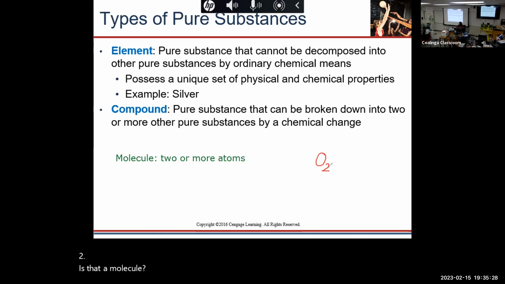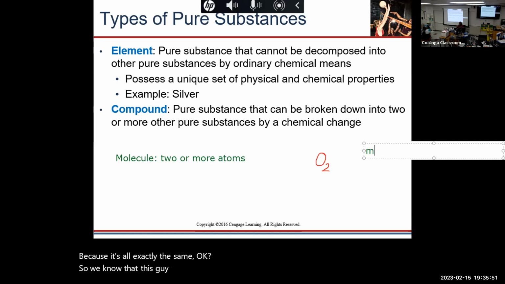Yes, because it's two or more atoms, because there's two of them. Is it a compound? No, because they're not different. They're both oxygen. Is it an element? Yes, because it's all exactly the same. So we know that this is a molecule and an element.